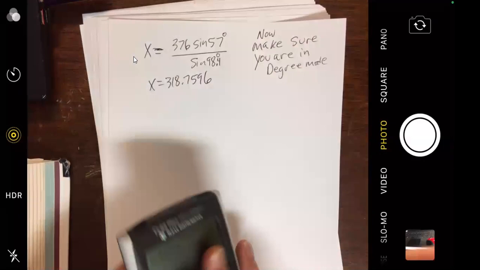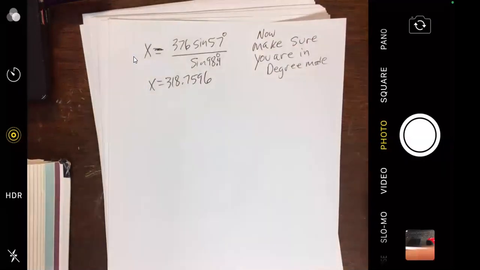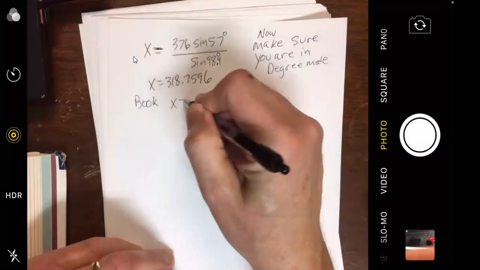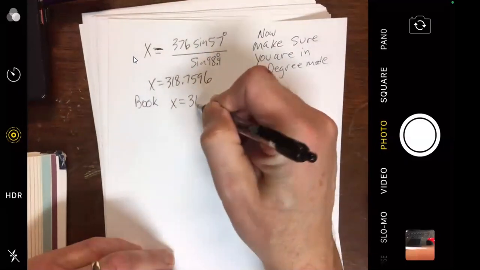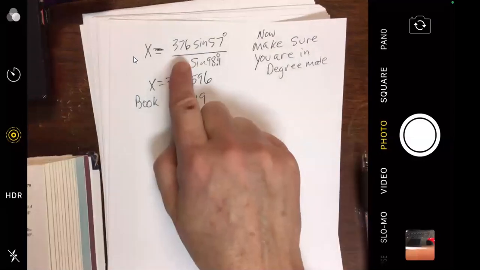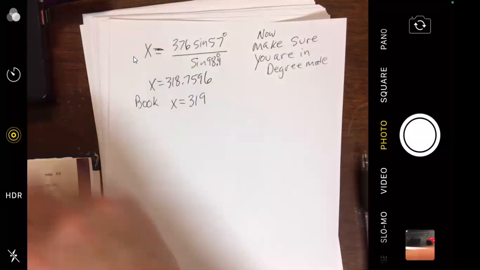Okay, if you left that as an answer, I wouldn't mark it wrong. The book, I'm pretty sure, will probably have x equals 319 because they seem to be reporting the sides in integer precision. We'll double check.